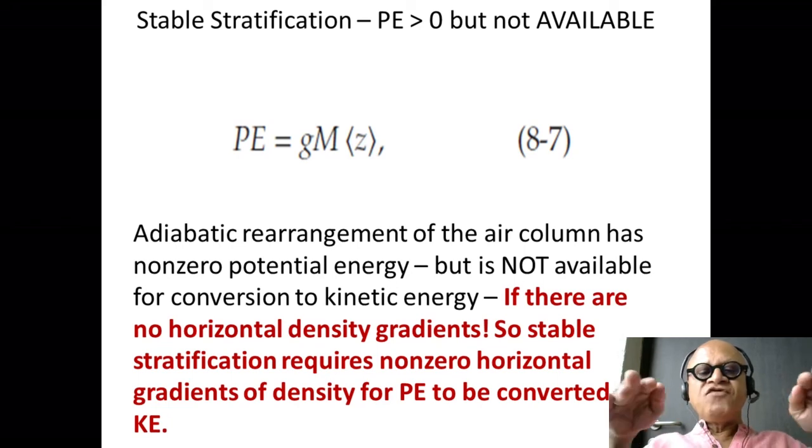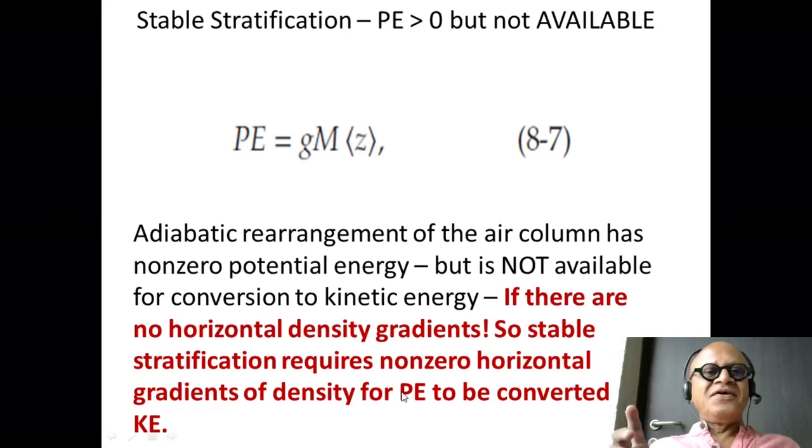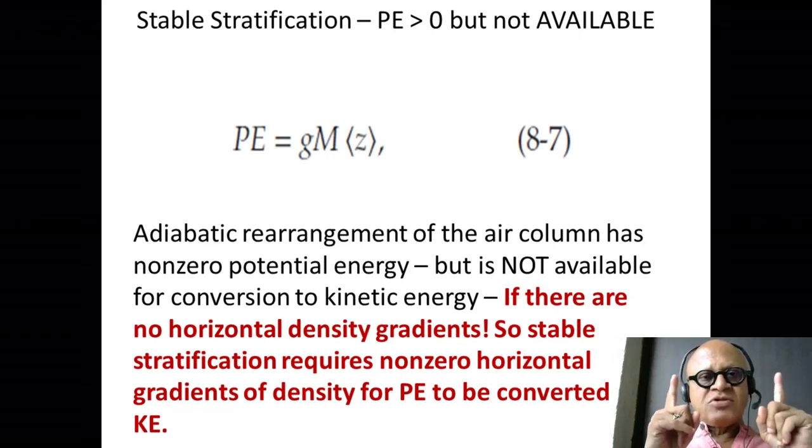But if you have horizontal density gradients, then you can begin to imagine that there is available potential energy that can be released. So, stable stratification requires non-zero horizontal gradients of density for PE to be converted. It's not very complicated. So we have stable gradients in low latitudes, stable gradients at high latitudes. So locally they are stable, but there is a density gradient.